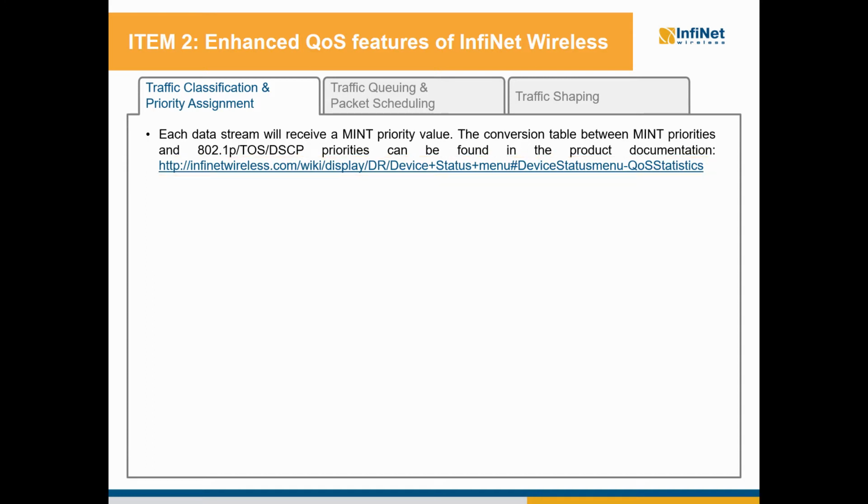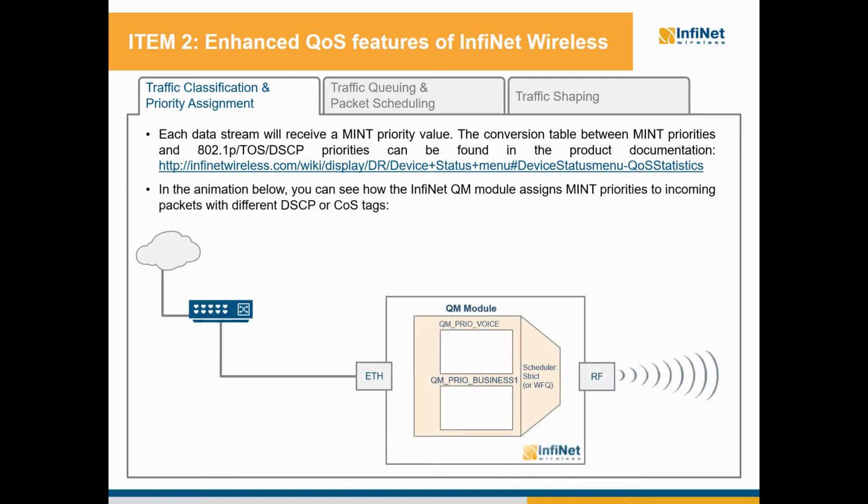Of course, you can assign whichever priority you desire for every data stream that passes through the unit. You can even change the existing DSCP tags of the packets, for example. In the following animation, you will see how the Infinet QoM module assigns MINT priorities to incoming packets with different DSCP or COS tags.